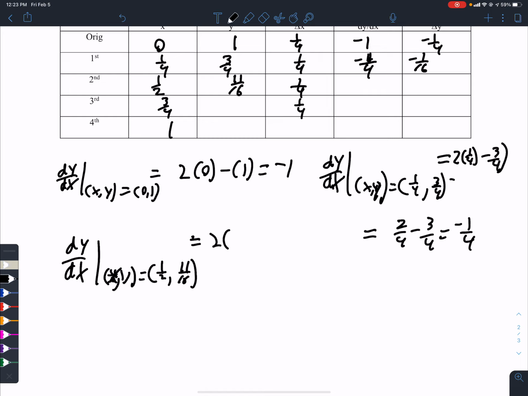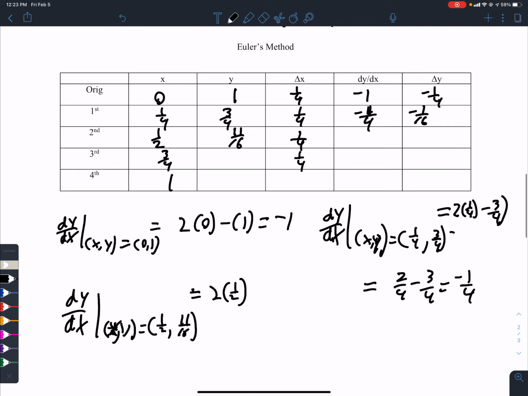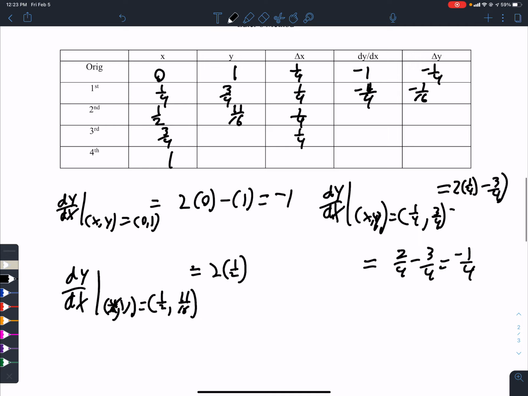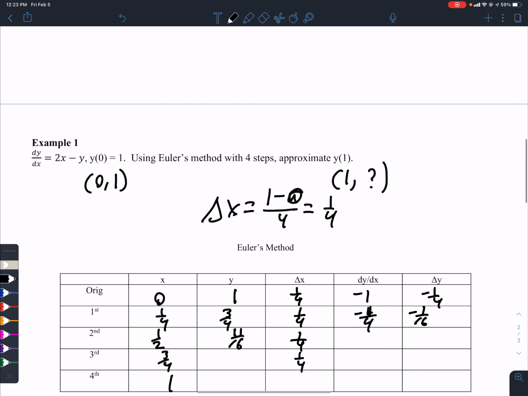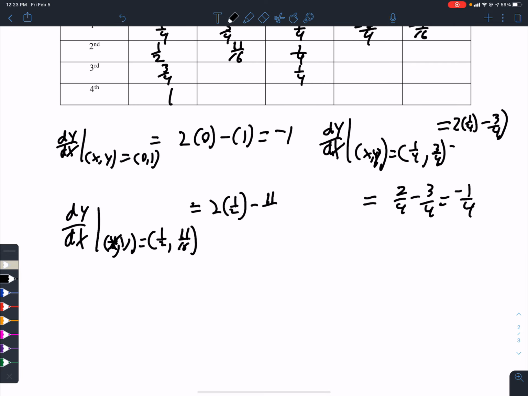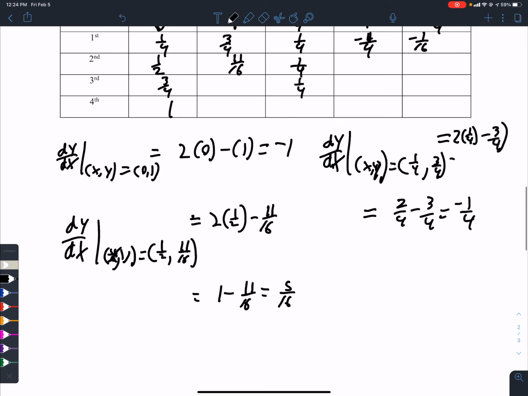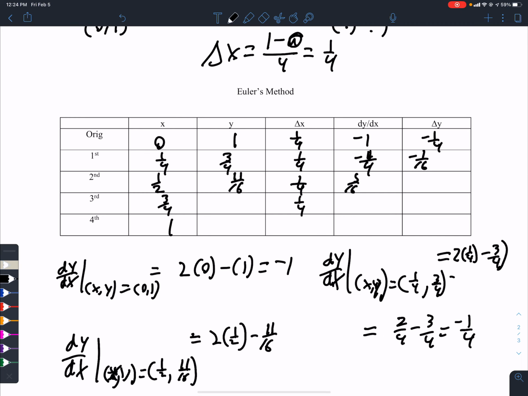This is 2 times 1/2, right? 2 times x, yes, minus y, which is 11/16. That's going to be 1 minus 11/16. That's going to be 16/16 minus 11, which is 5/16. So that's going to be dy/dx. It's going to be 5/16. To get my delta y, I multiply these two.